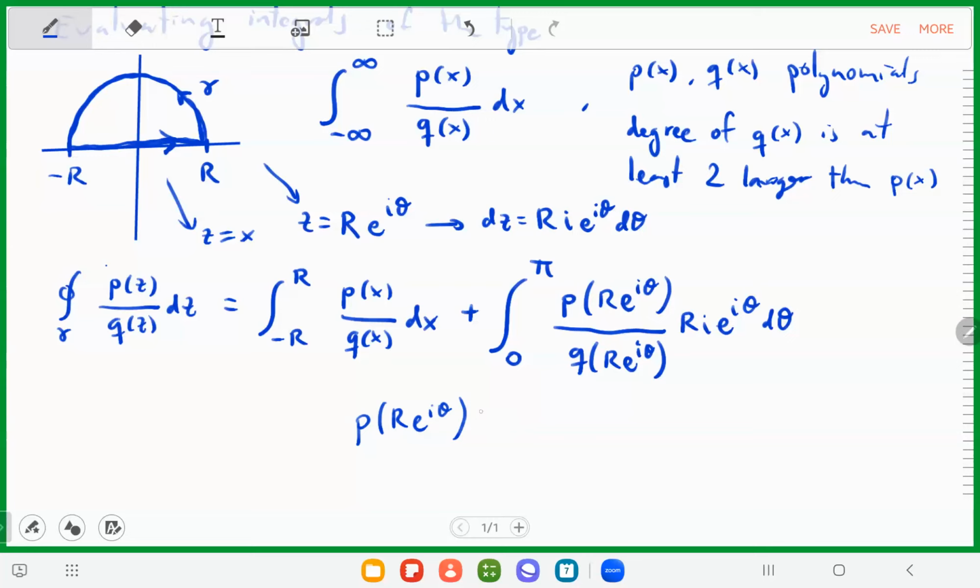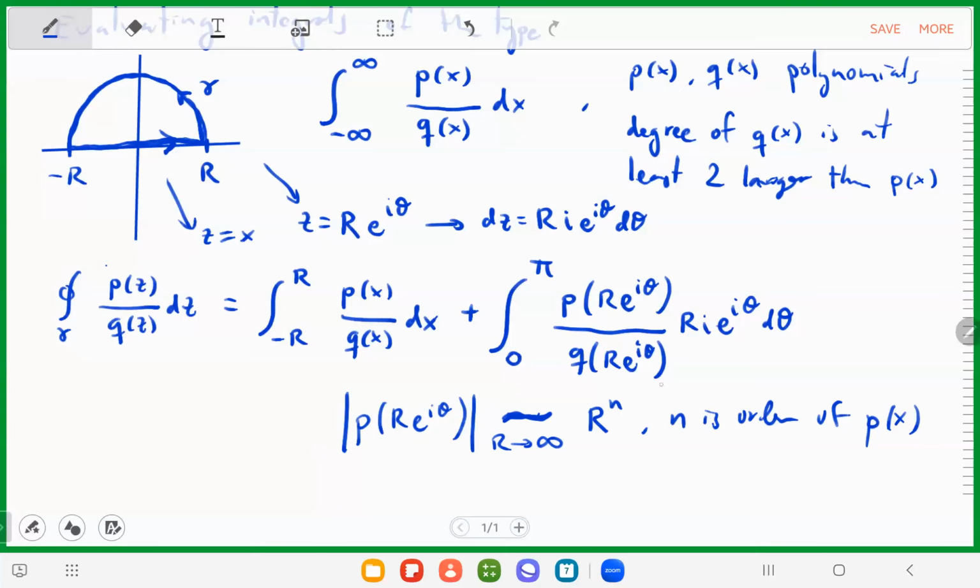So when r goes to infinity, this polynomial will be a complex number, well, let's say a complex number that will have a modulus of the order of r to the n, with n the order of the polynomial, right? Because the other terms will be smaller. The n minus 1 and n minus 2 will grow more slowly. So the modulus of this complex number will grow like r to the n.